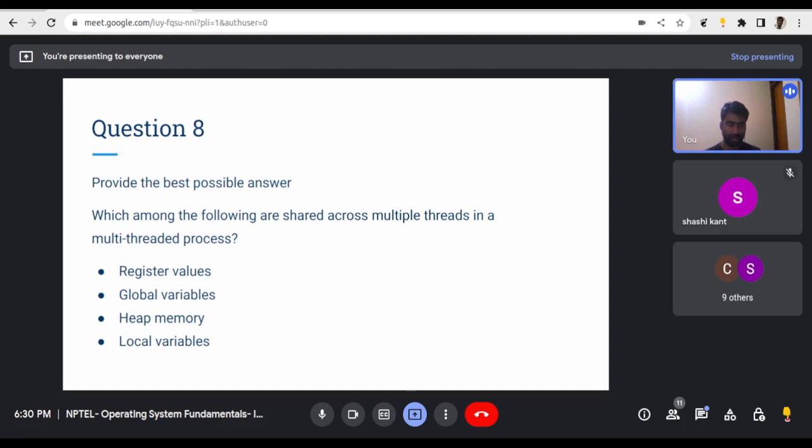So now can you answer? Which among the following are shared across multiple threads in a multi-threaded process? Anyway, let's get to the answer.